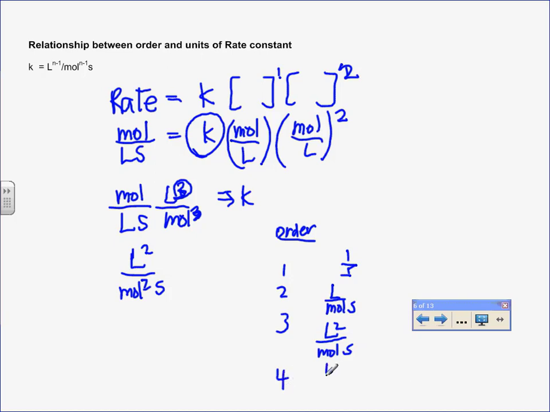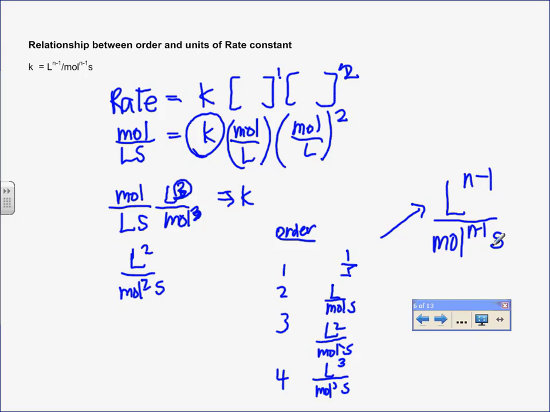For a fourth order reaction, liters cubed per mole cubed per second. Okay, so if you can see the pattern here, in general, the units for the rate constant are liters to the n-1 over mole to the n-1 per second, where n is equal to the overall order of the reaction.